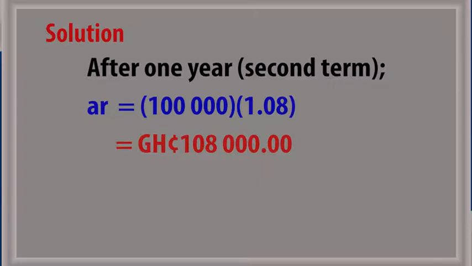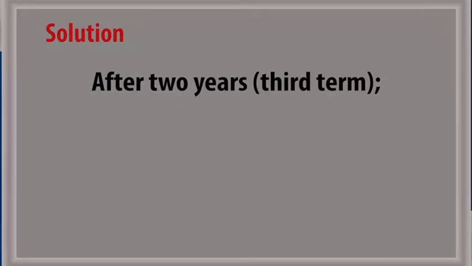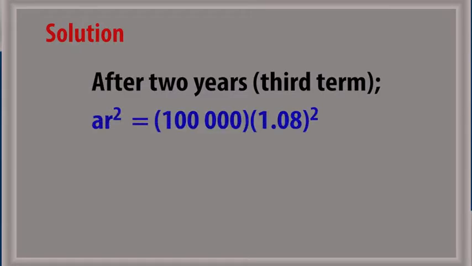Then for the B part, after 2 years is the third term, that is AR squared, which is equal to 100,000 times 1.08 squared. If you work this out correctly, you will get 116,640 Ghana cedis.